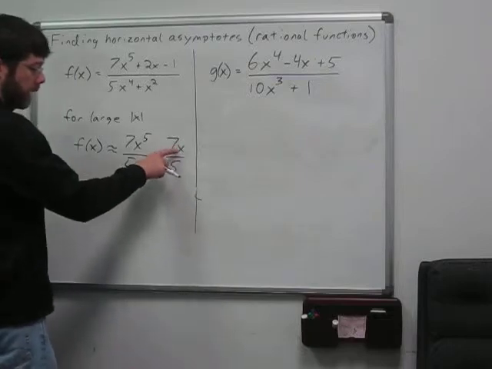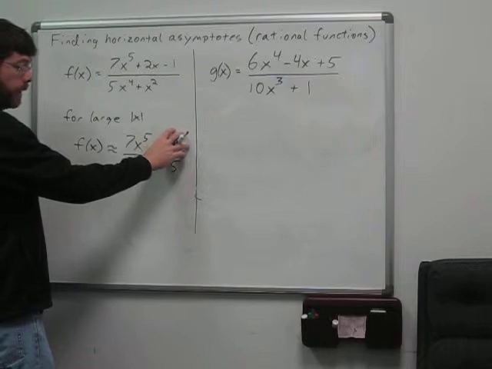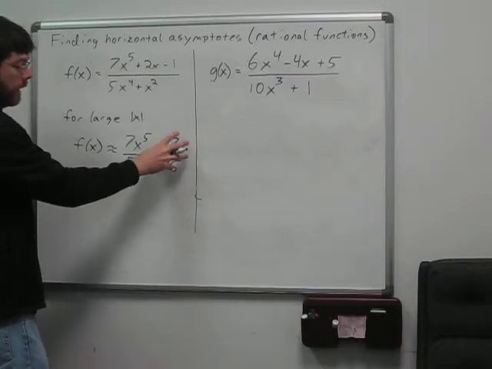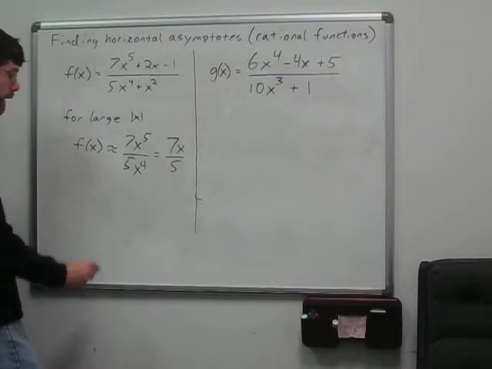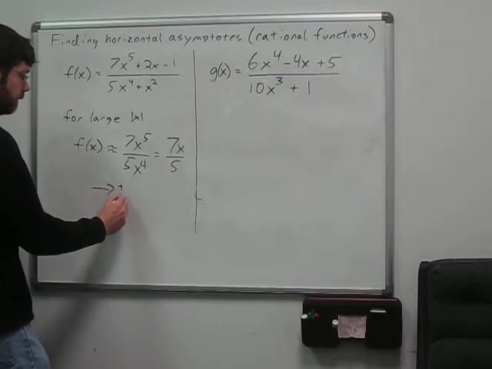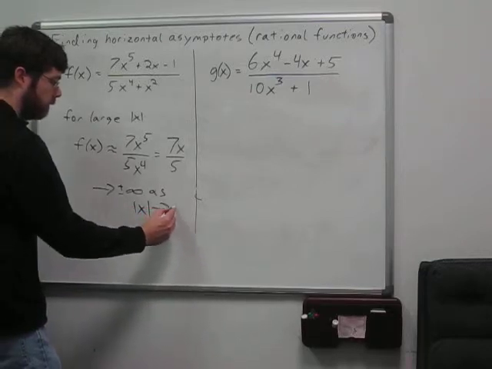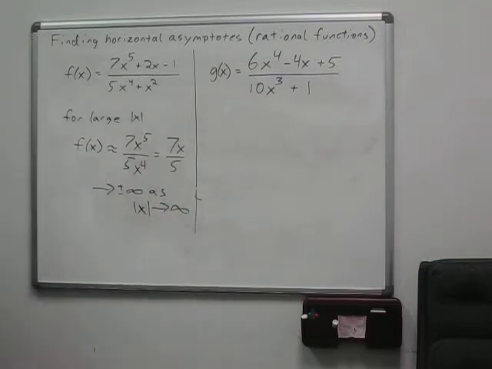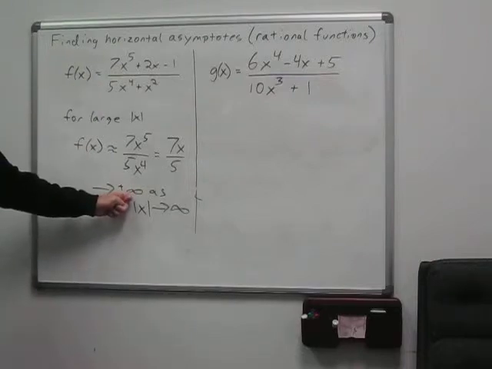So now, as x gets larger and larger in the positive or negative direction, the numerator gets larger, and this expression takes off toward infinity or negative infinity. So this function shoots off towards negative or positive infinity as x gets large.